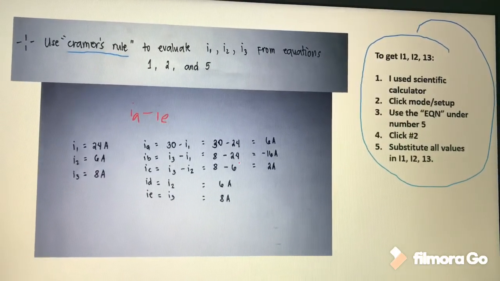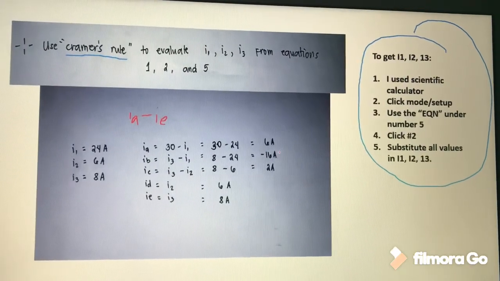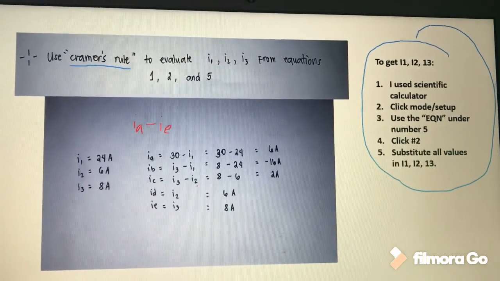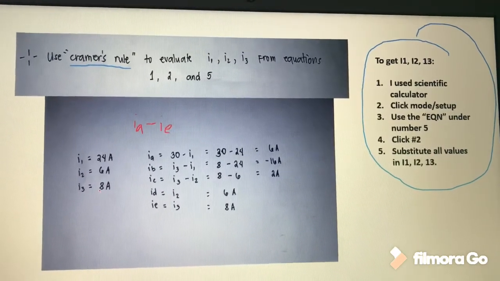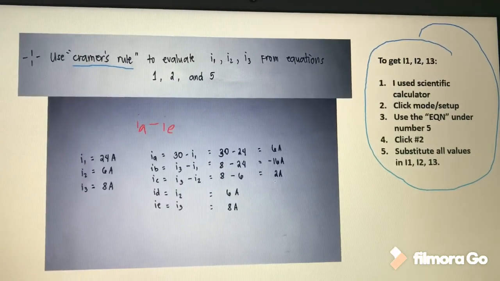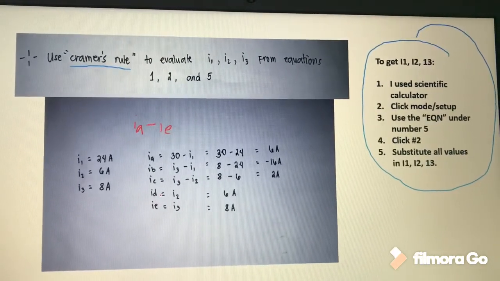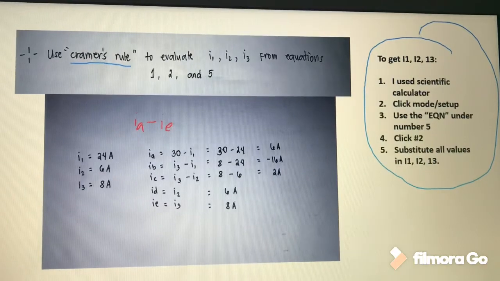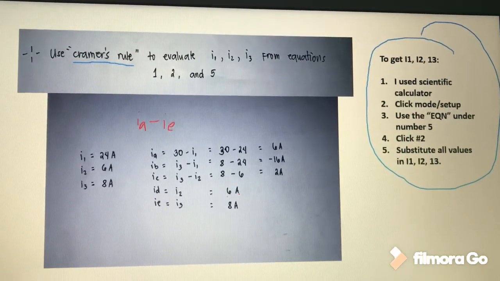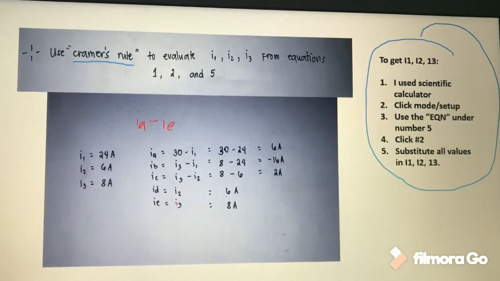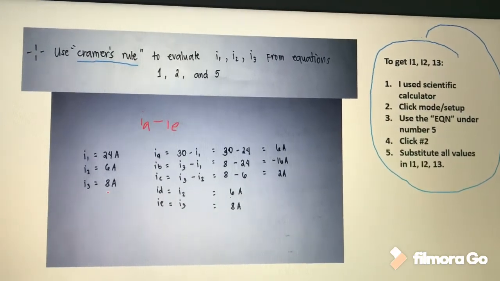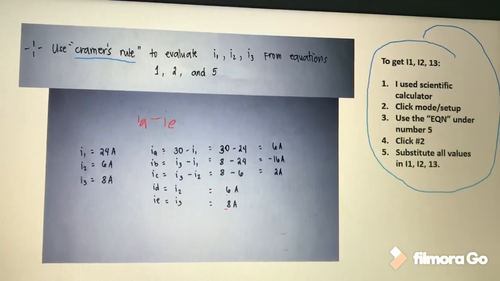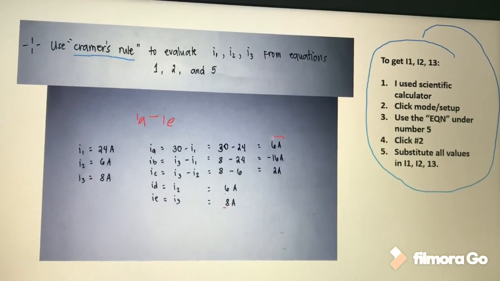So 8 minus 24 is equal to negative 16A. IC is equal to I3 minus I2. Our I3 is 8. Our I2 is 6. So 8 minus 6 is 2A. Our ID is equal to I2. The value for our I2 is 6A. So just put 6A. And our IE is equal to I3. The value of our I3 is 8A. Just copy 8A.